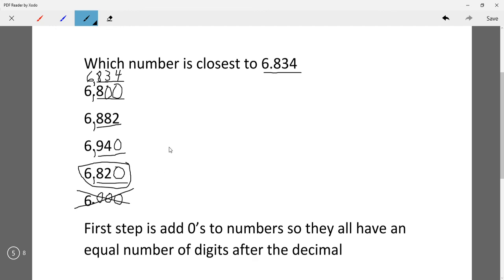So hopefully that helped. Basically, if you know how to figure out what number is closest to 6,834, then you should know how to figure out what number is closest to 6 and 834 thousandths. All right. Hopefully that cleared things up.